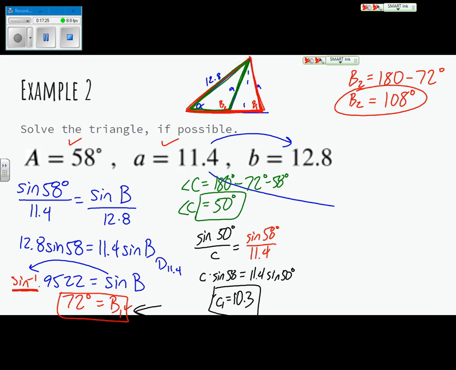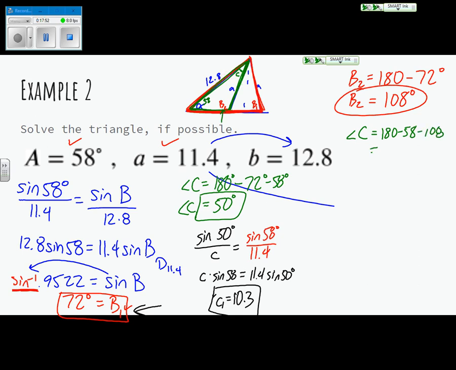But from here now, again, I'm looking for this little triangle. I have to find this little bitty angle C that's up here. So my angle C is going to be 180 minus that little alpha, which we said was 58 degrees, minus this B2 I just found, which was 108.